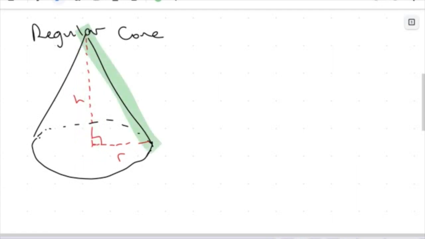And we also have another type of height associated. This we're going to call L, and our L is just our slant height. We're just using a different letter to distinguish this from the perpendicular height. So this is the height of the slanted bit of the cone. Think of an ice cream cone, there's that slanty bit that goes all the way up to the tip at the top.